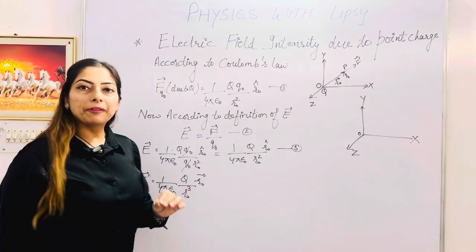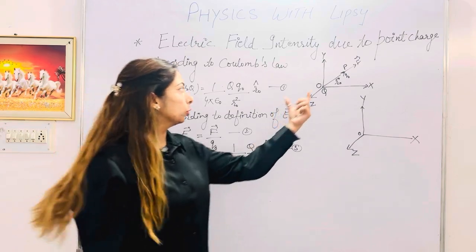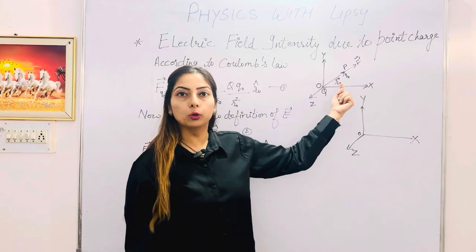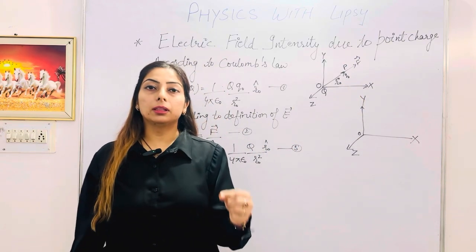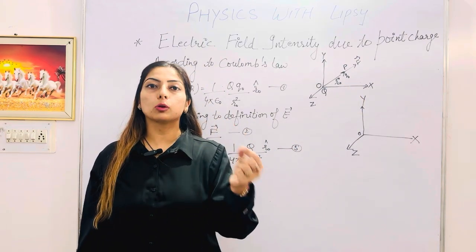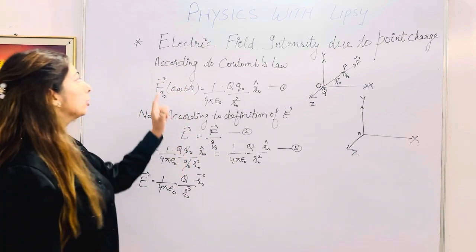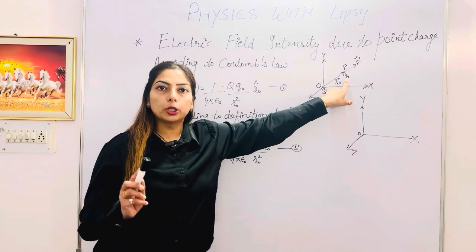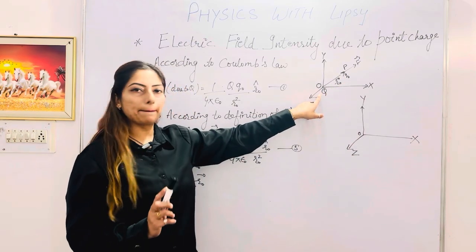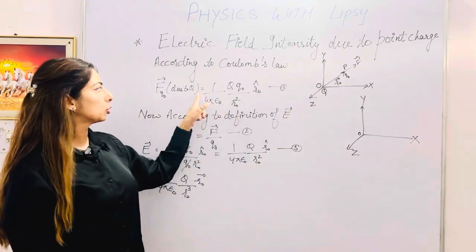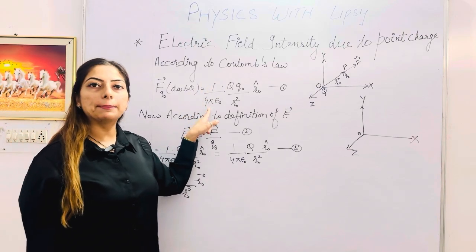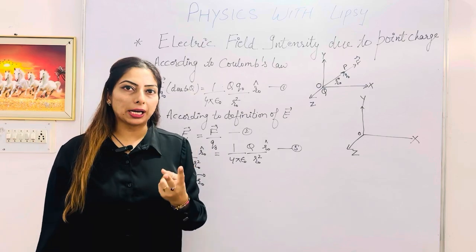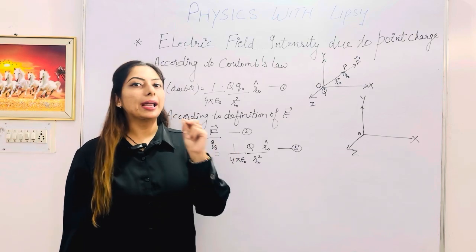So you have done the Coulomb's law. When there are two charges separated by certain distance, here the distance is R naught. So what will happen? The charges will exert force on each other. So according to Coulomb's law, the force on this charge Q naught due to this capital charge Q is equals to 1 upon 4 pi epsilon naught capital Q and Q naught, because we have two charges here, capital Q and Q naught.